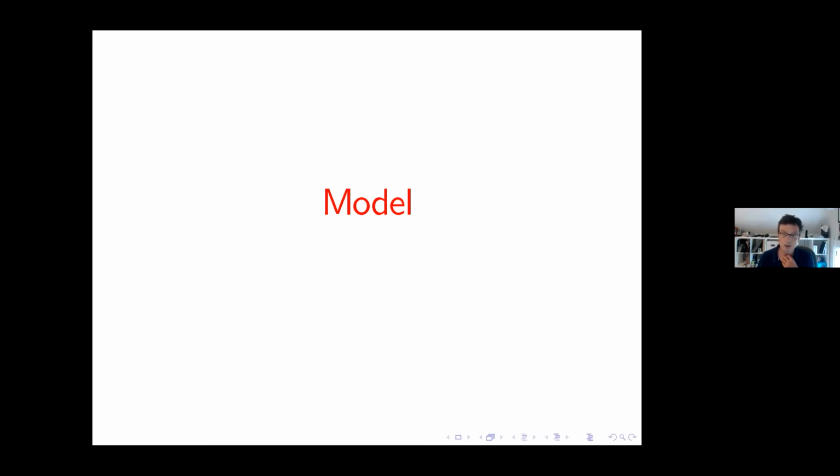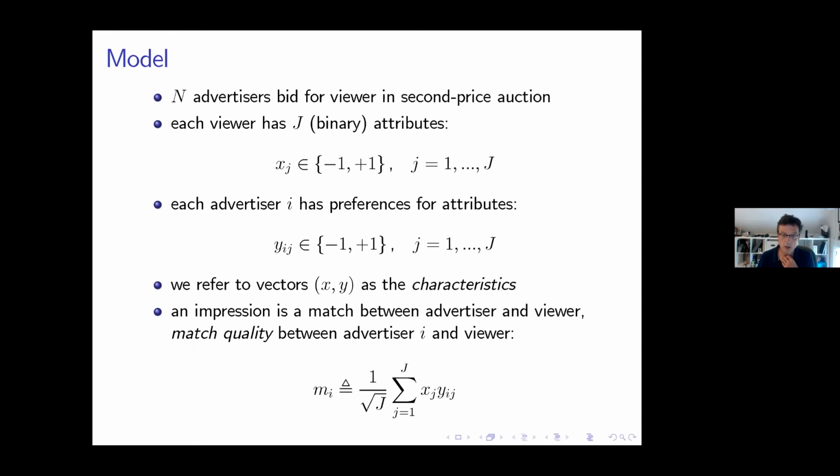Okay, so let me give you the model. It is going to be a bit more specific than for the results as we derive them in the paper, but I thought the concreteness might help you to think about this. So we want to think about n advertisers who bid for a viewer in a second price auction. Each viewer has a number of binary attributes that can be either -1 or +1, and each advertiser has preferences for these attributes, -1 or +1.